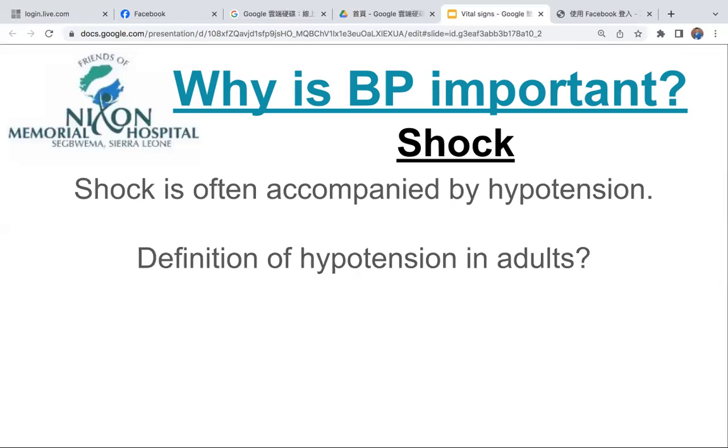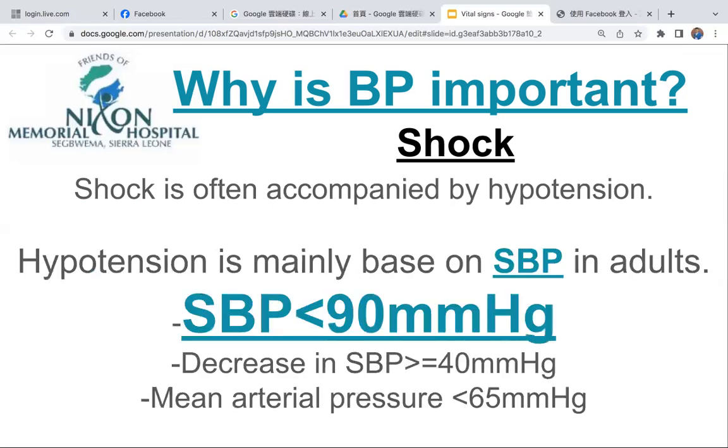The definition of hypotension in adults is mainly based on SBP, systolic blood pressure. So when the SBP is less than 90 mmHg, the patient might have shock. But let's say the patient has hypertension, high blood pressure at baseline at home.